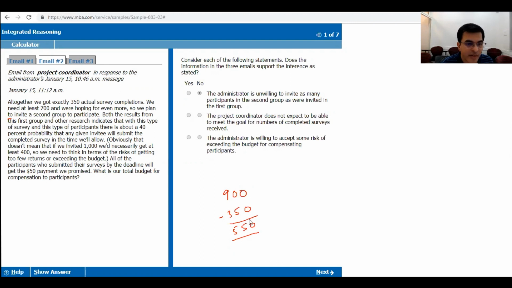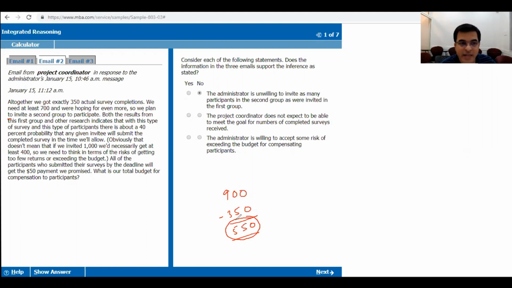Already we have enough budget, first of all, for more than 350. Correct? The budget that is available is enough to even compensate up to 550 people, which means even if the probability goes against him slightly and 50% of 900 people respond and you have to pay 450 of them, or even if 60% respond, he still has enough money.